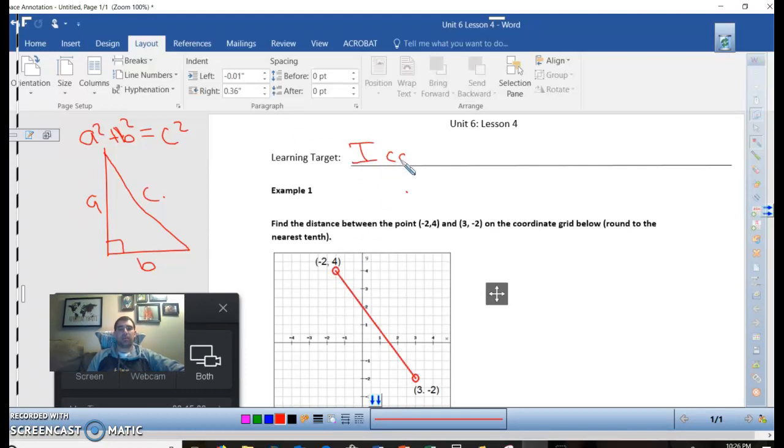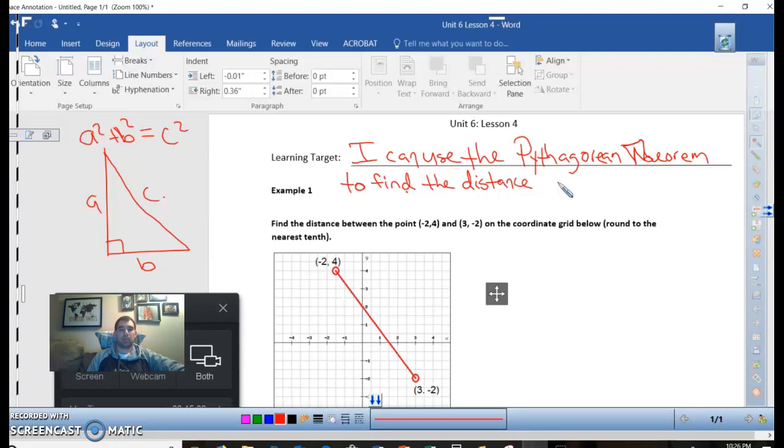So I can use the Pythagorean theorem to find the distance between 2 points in a graph.